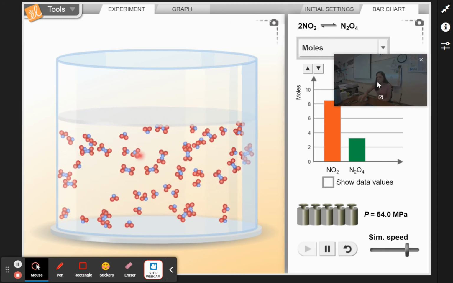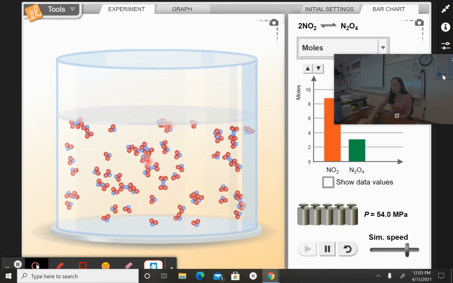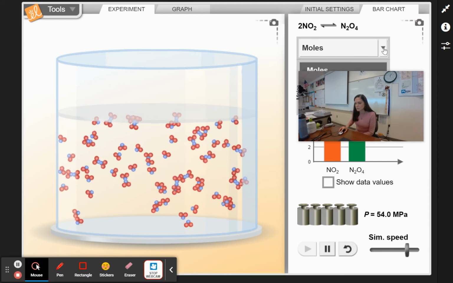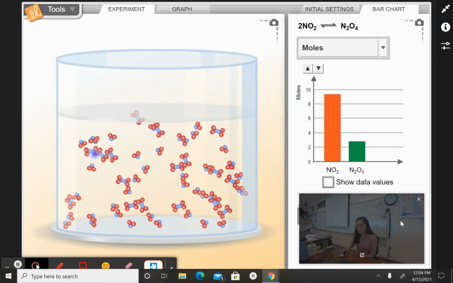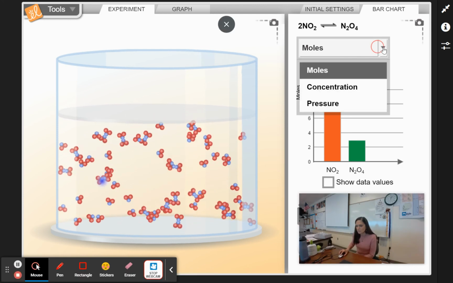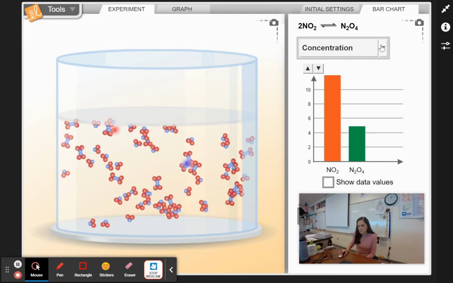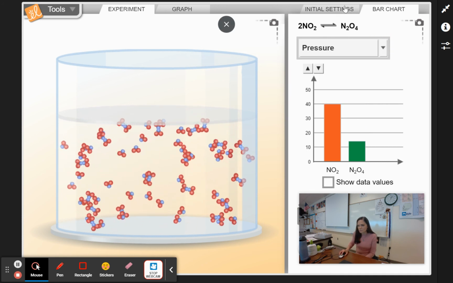So there's lots of different things that you can manipulate here, okay? So let's move this. We can also go to moles. We can look at concentration, how that changes. And we can look at pressure and how that changes.